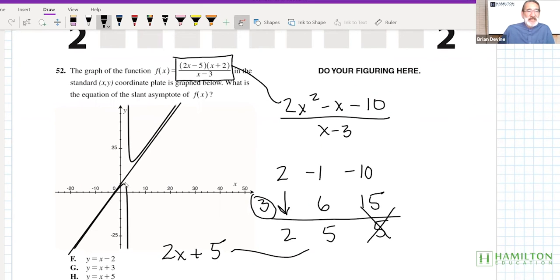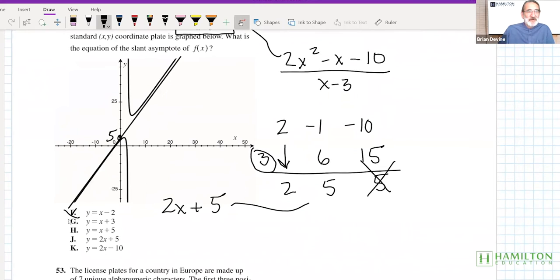And I could have seen that by sketching, because there is an intercept that would have thrown out F and G and K, and it could only be H or J, and we saw a slope of 2, so J is our answer.